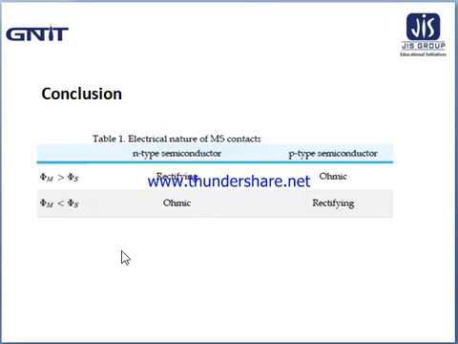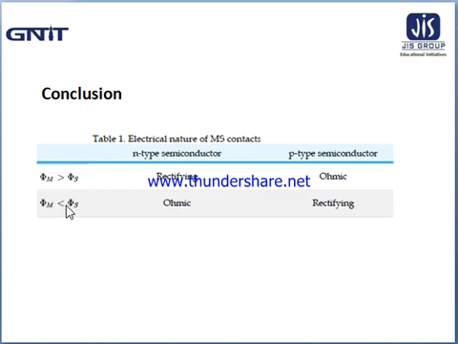And at the conclusion, if the junction is formed between metal and N type semiconductor, then if phi m is greater than phi s, it will act as a rectifying contact, and if metal and P type semiconductor is considered, then if phi m is greater than phi s, that will form an ohmic contact.